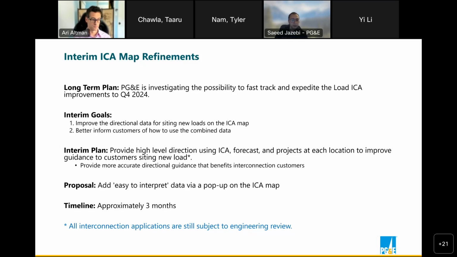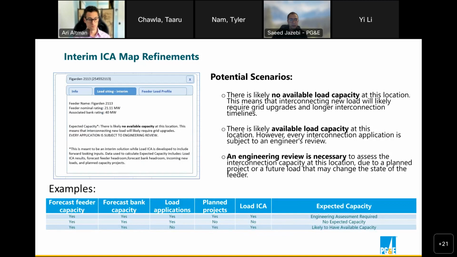We basically estimate that it will take us around 3 months to implement this approach. And I should mention that all interconnection applications are still subject to engineering review. So this method does not guarantee any available capacity, but will for sure help customers to better site their project. With that, we can move to the next slide.